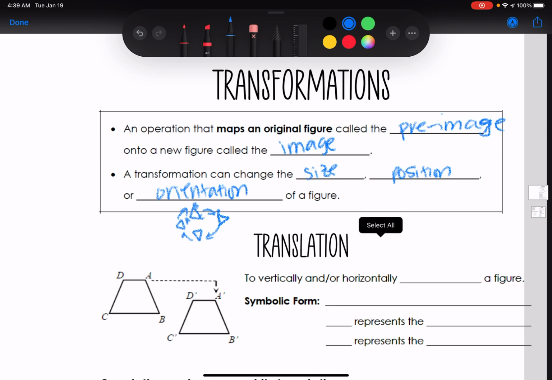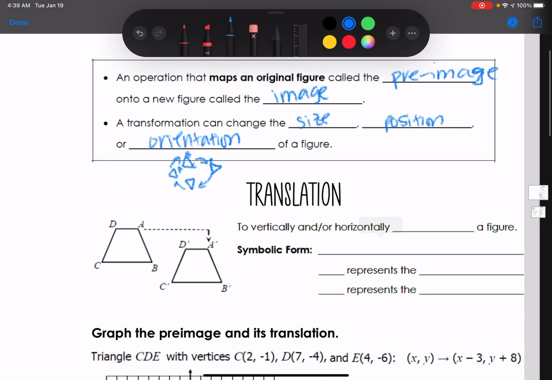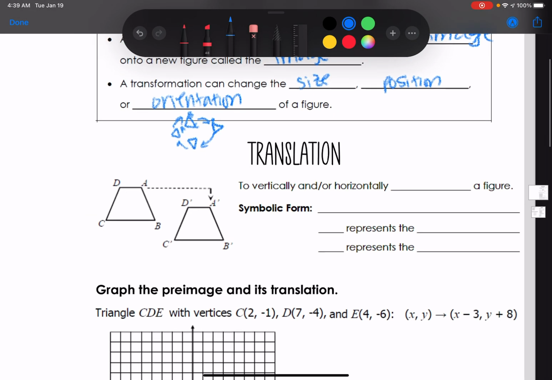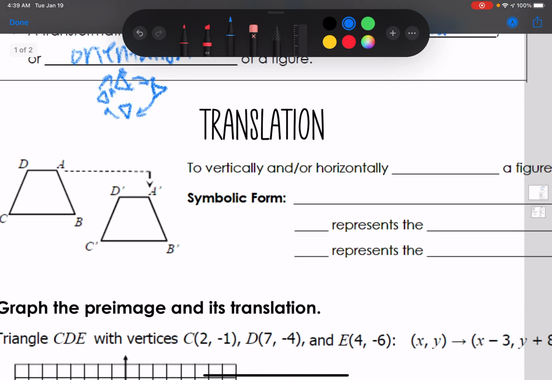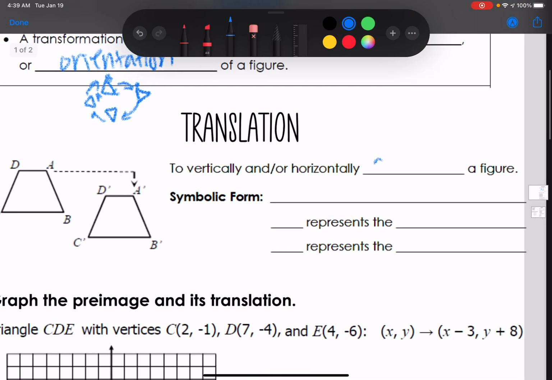Now the first of the transformations that we're going to talk about is a translation. A translation is a vertical and/or horizontal slide. Now, the slide, this part right here, SL, is the slide.